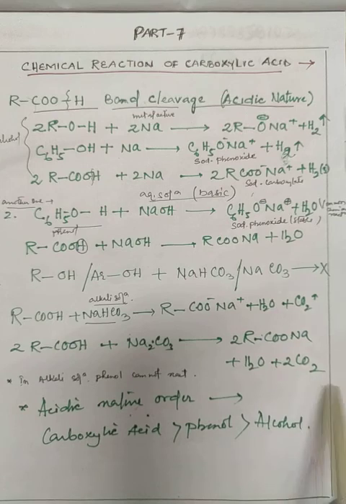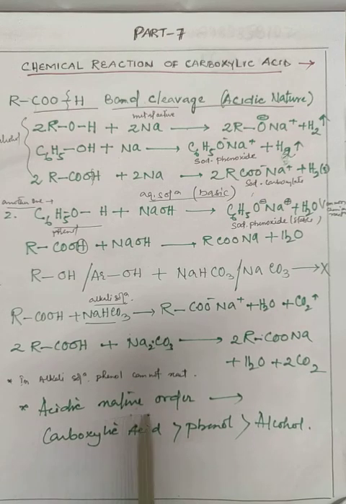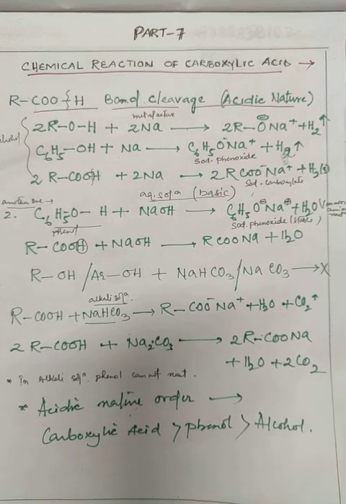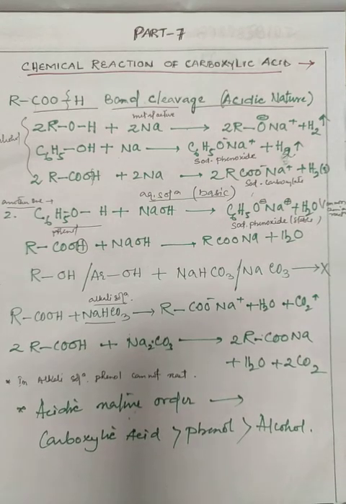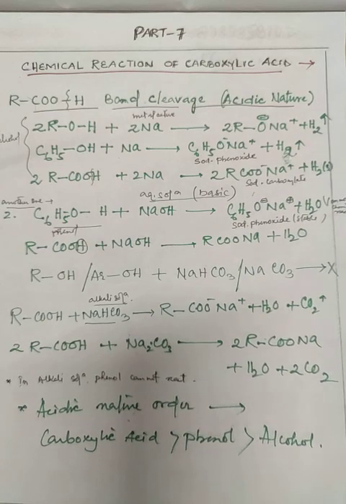So in acidic order, carboxylic acid is more acidic than phenol, and phenol is more acidic than alcohol. This is bond cleavage in acid nature.